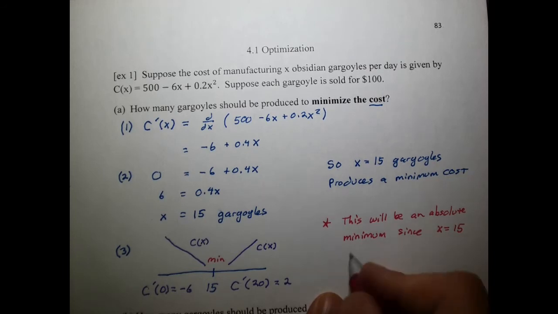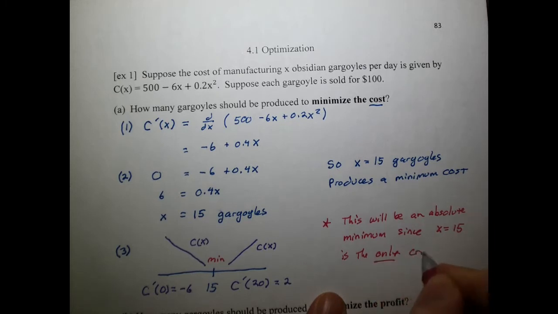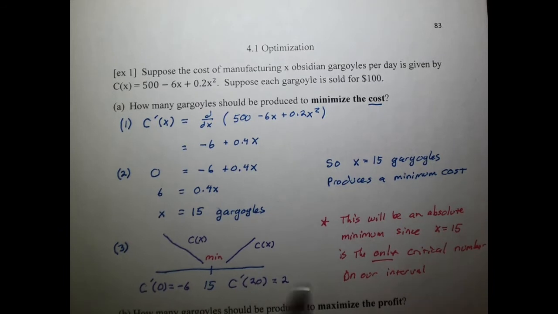But x equals 15 is the only critical number on our interval. And like I said, critical numbers are really just the numbers you're getting for the zeros and the undefined.